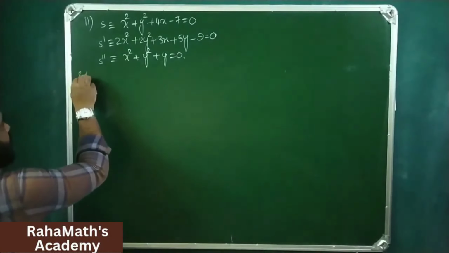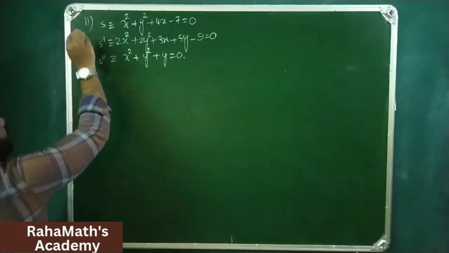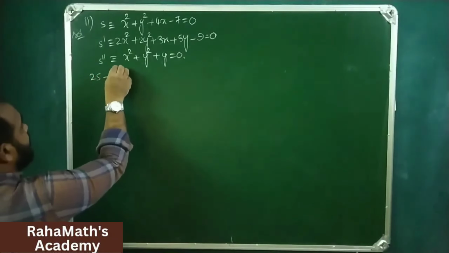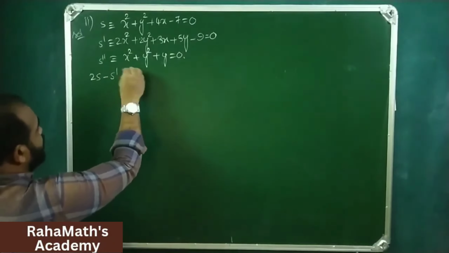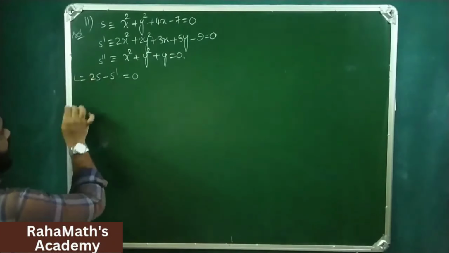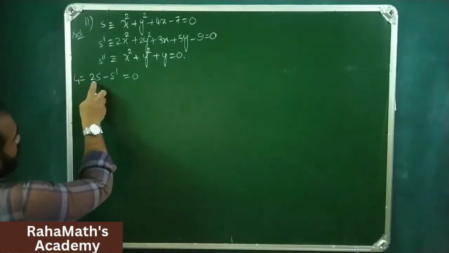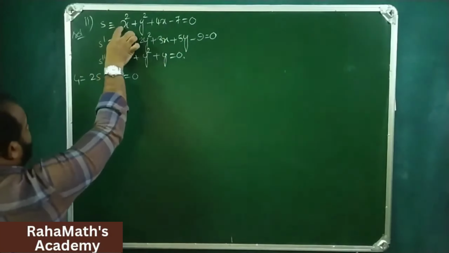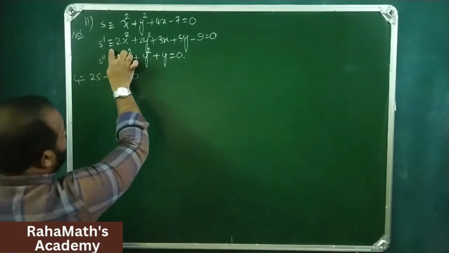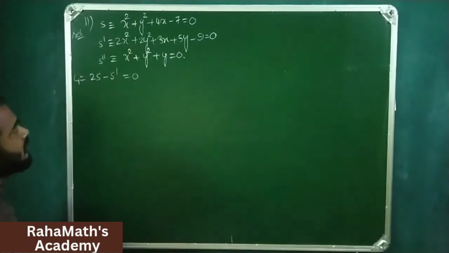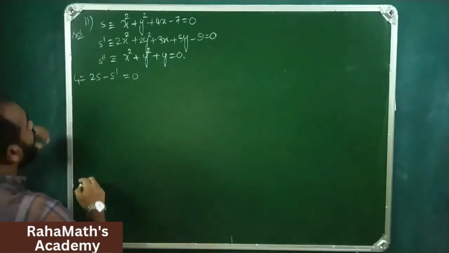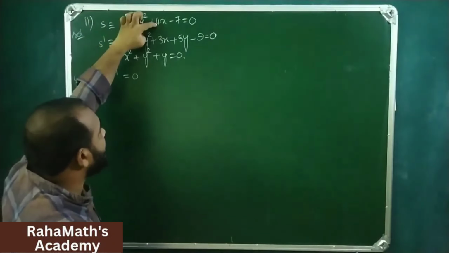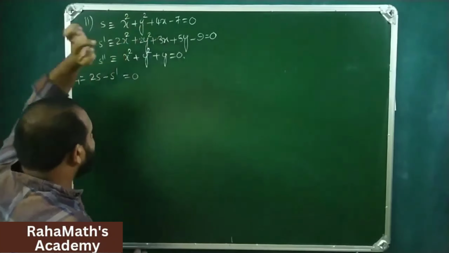Solution. Now 2S minus S dash equals 0. L1 is, so the first equation of the circle I multiply with 2 and subtract from S dash. Then 2x square gets cancelled, 2y square gets cancelled, 2 4s are 8x, 8x minus 3x is 5x.